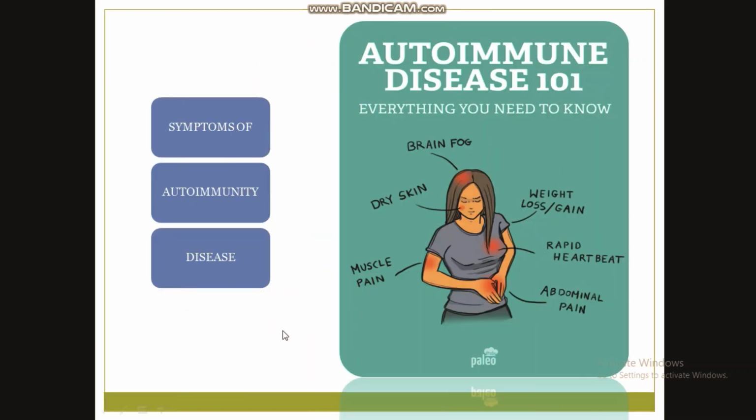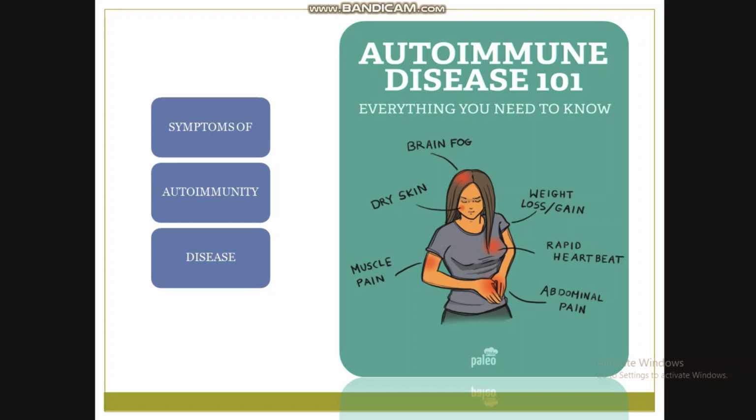After this, we will see the symptoms of autoimmune diseases. The early symptoms of many autoimmune diseases are very similar, such as brain fog, dry skin or skin rashes, weight loss or gain, rapid heartbeat, abdominal pain, muscle pain, and more.